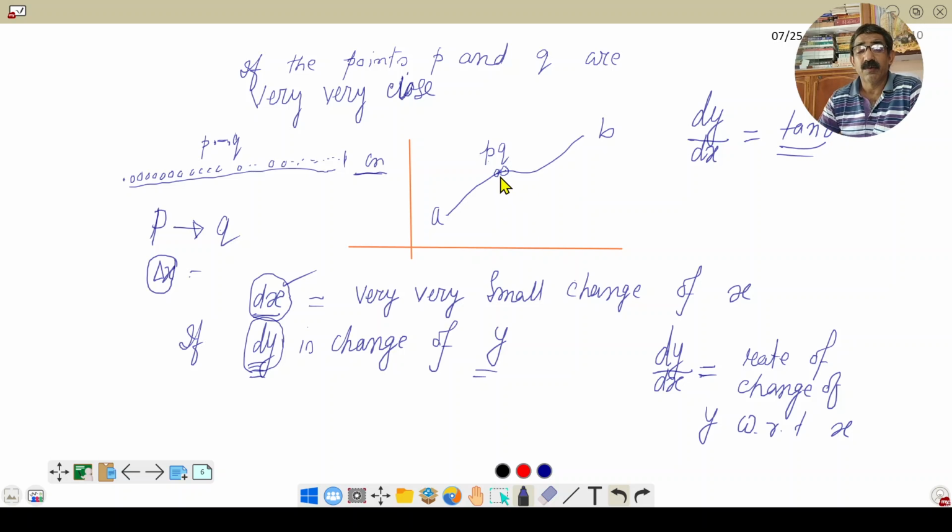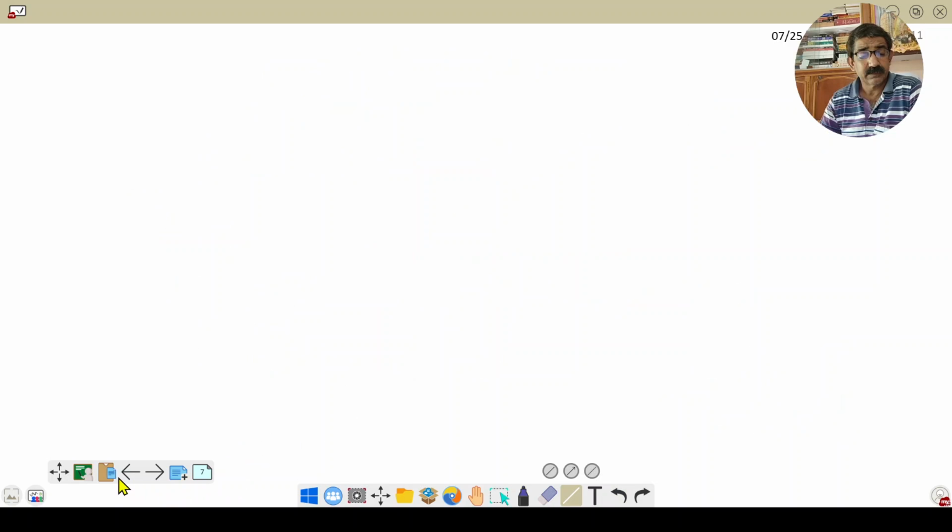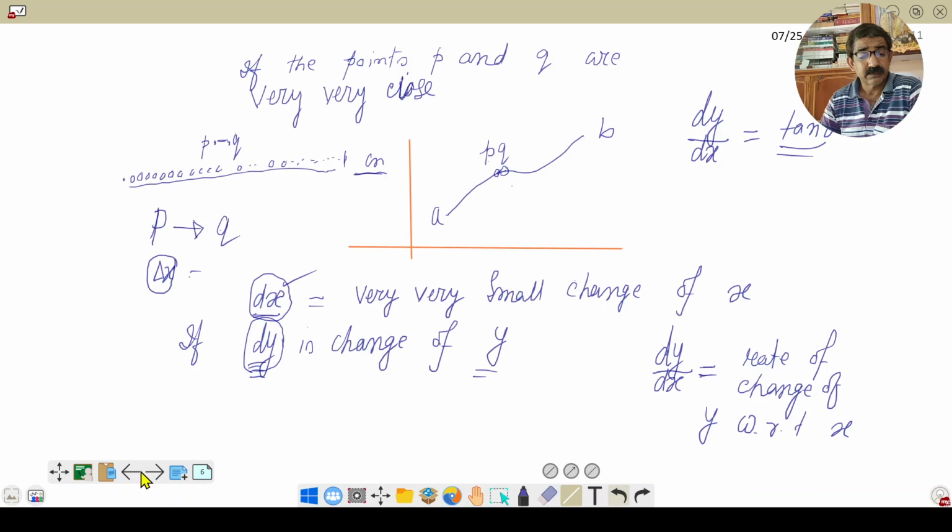Okay. Now, if two points P and Q are taken on a graph like this, a triangle is drawn here.